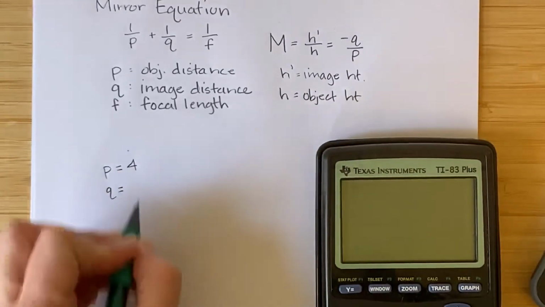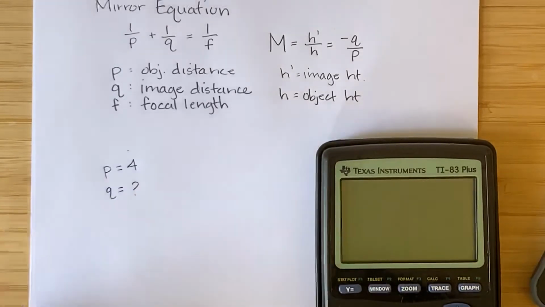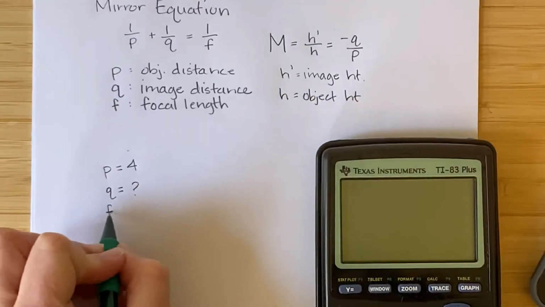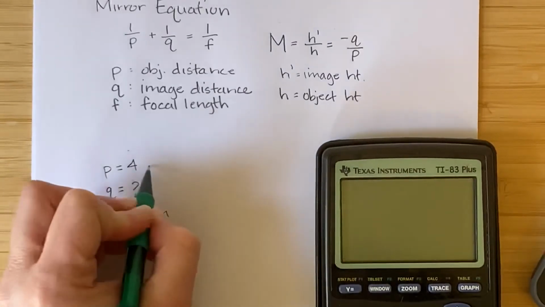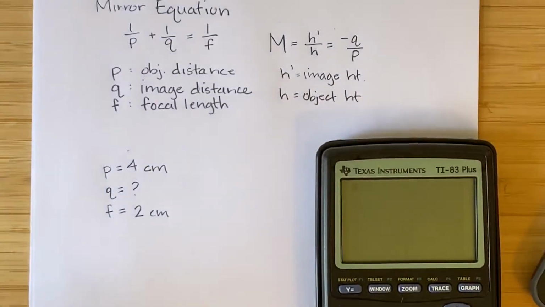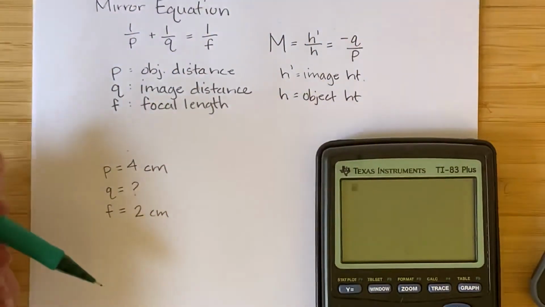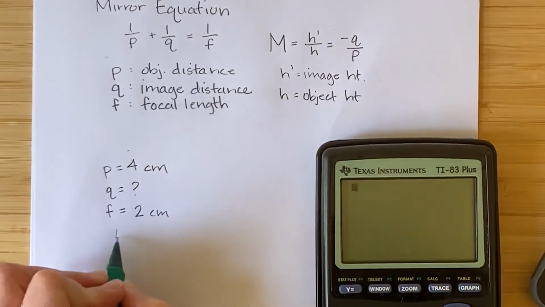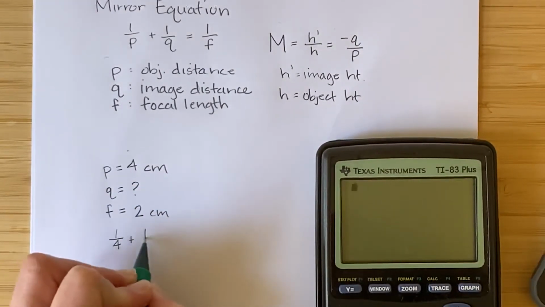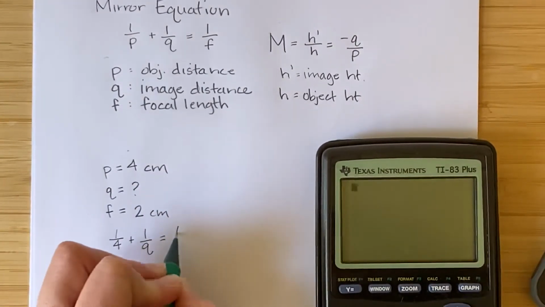Q is what we're trying to find, and F is 2 centimeters. Okay? So if we had those numbers and we plugged it into the formula, it would be 1 over 4 plus 1 over Q equals 1 over 2.